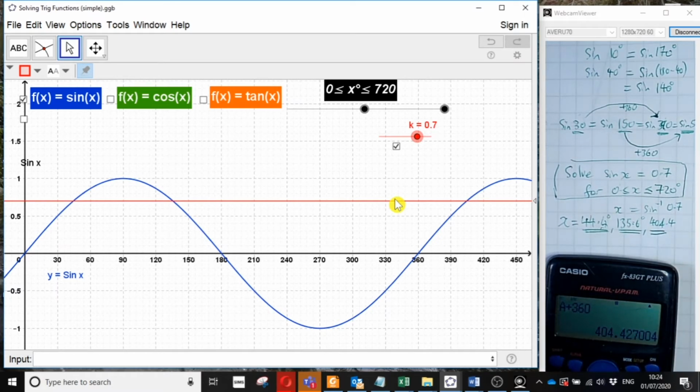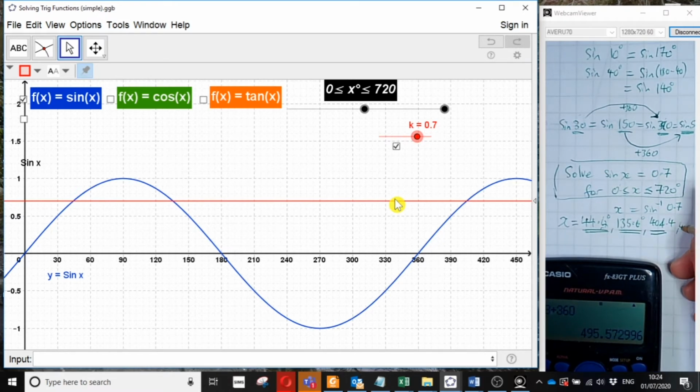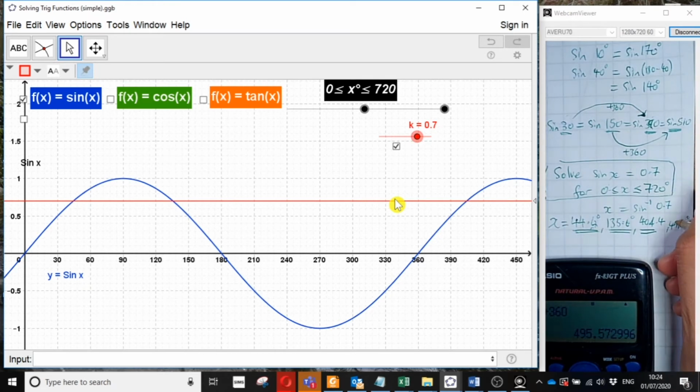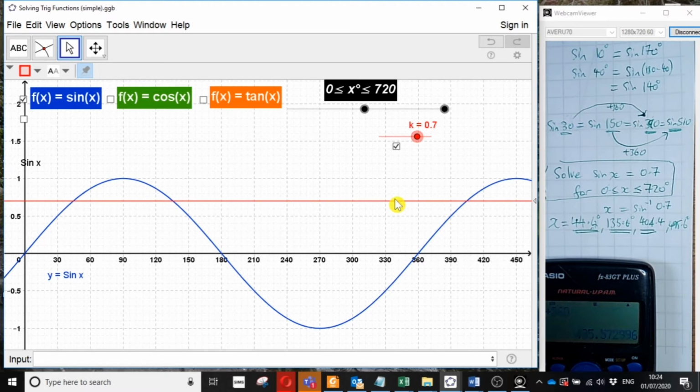Store it, shift store C, so it's stored in C, and then I need to do B plus 360. Alpha B plus 360 is 495.6. Okay, and I'm going to store that in D.